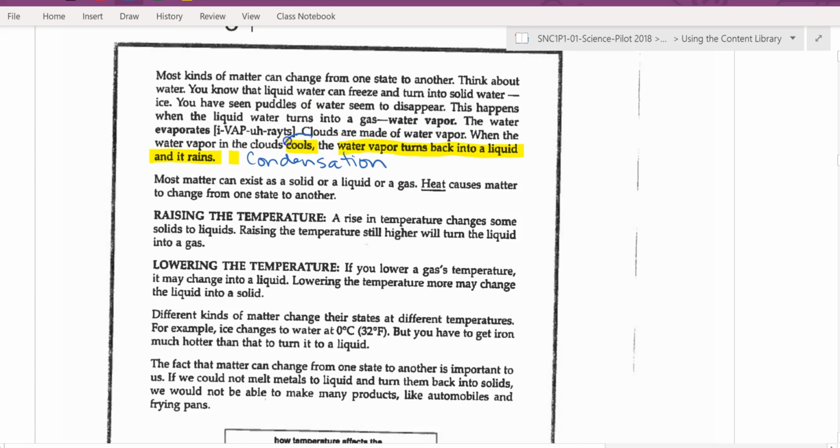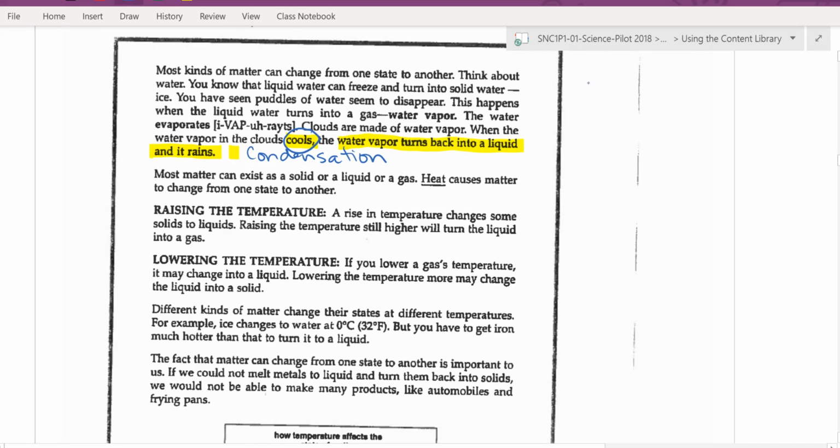I'm going to circle this because condensation can only happen when temperature drops. So when the temperature goes up, we have evaporation. When the temperature drops, we have condensation.